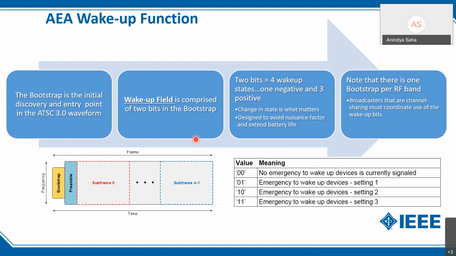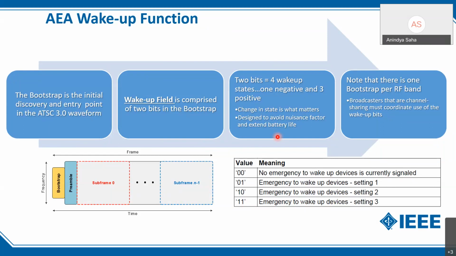The 2 bits give 4 possibilities, and the programmer can program them. One of them is no emergency, but you can use the remaining 3 values to define a wake-up event for the device. It is also designed so that it doesn't act as a nuisance: you wake up only to an alert you are interested in.